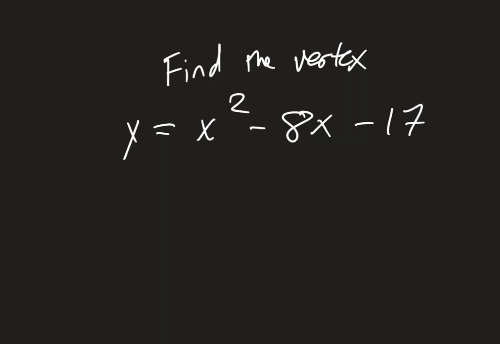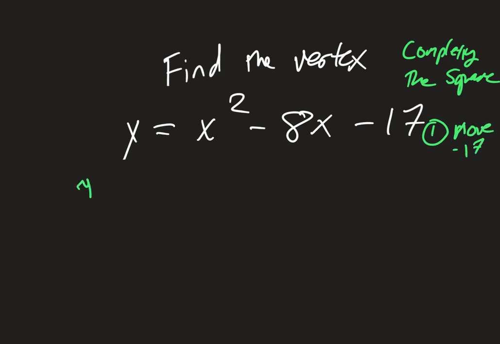So then with the parabola, we need to be able to find the vertex. Finding the vertex utilizes the process of completing the square. Procedurally, the first thing that we did was, in this case, move the constant to the other side. So I'll have y plus 17 equals x squared minus 8x.